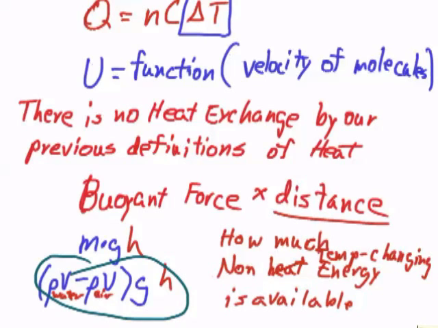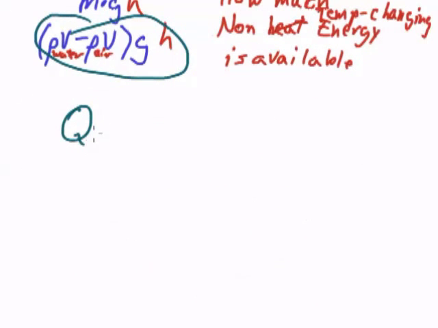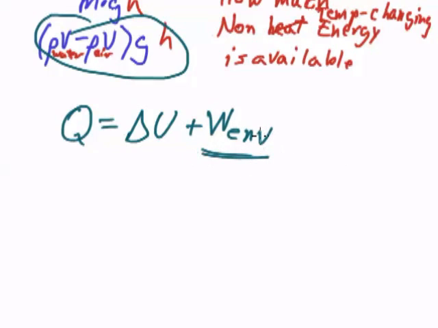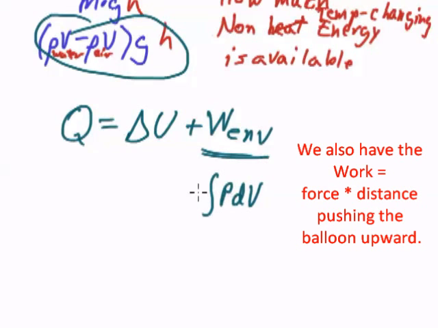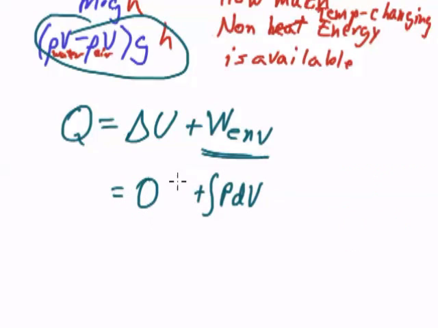Recall that the first law says that if you add heat to a system, that heat will show up as either a change in the internal energy of the gas or work done on the environment. In this case, yes, we do have work done on the environment because the volume is changing. But we do not have any change in internal energy because the gas is still moving at the same velocity.